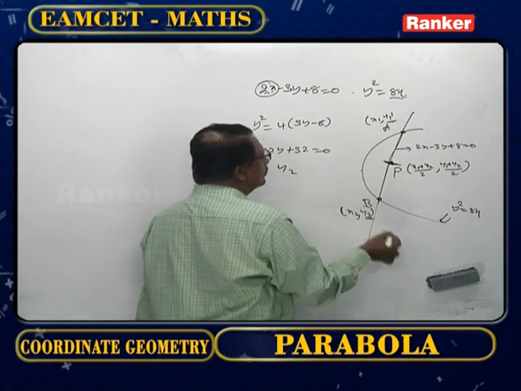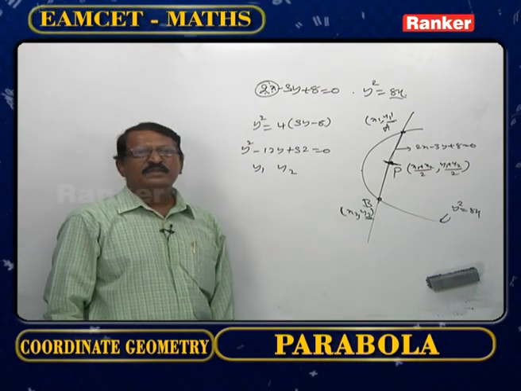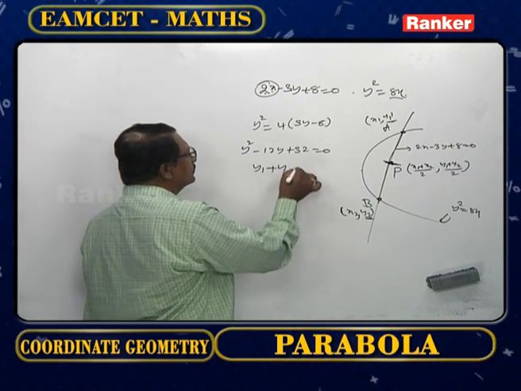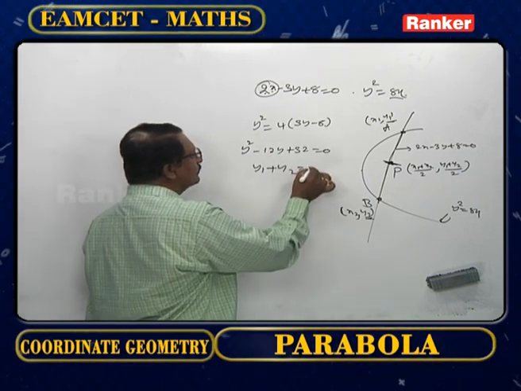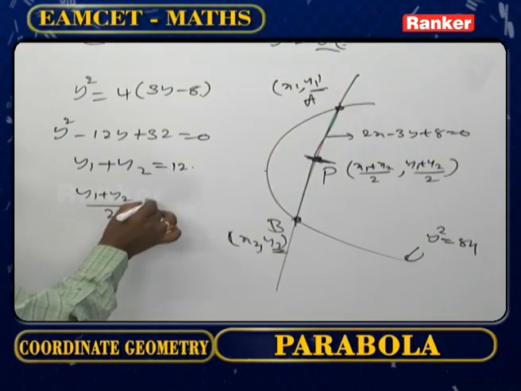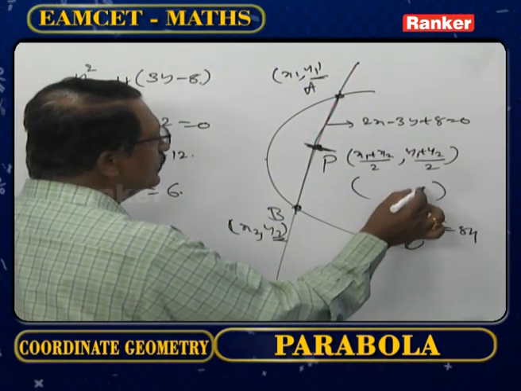But here we require only (y1 plus y2)/2, not separate values of y1 and y2. Now the sum of roots equals minus b by a, that equals 12. So (y1 plus y2)/2 equals 6. The y coordinate of the point P is 6.